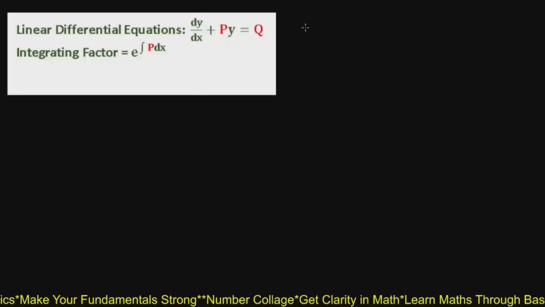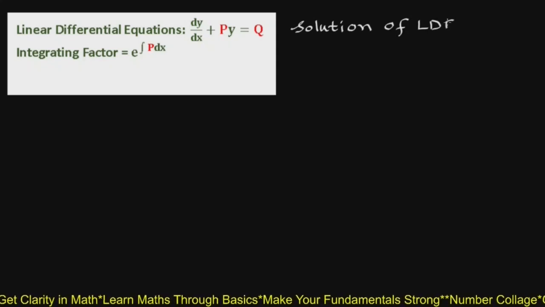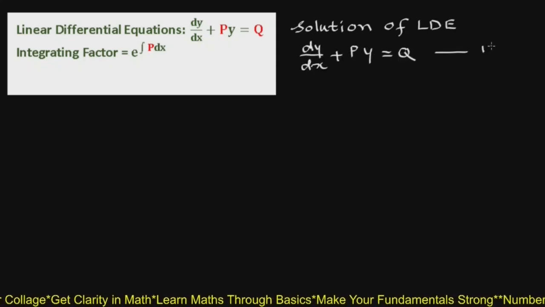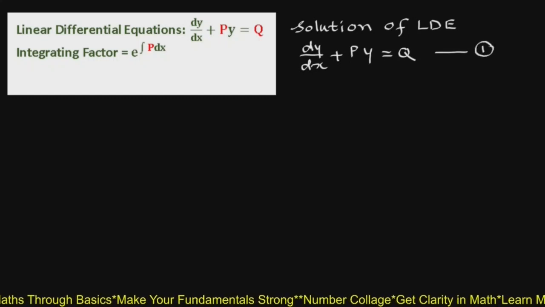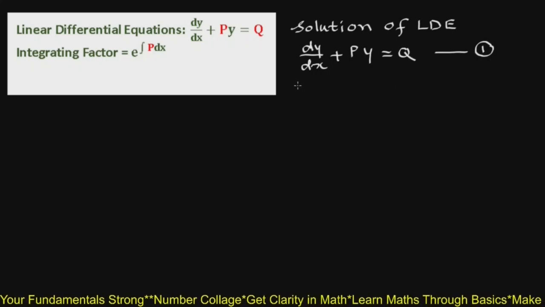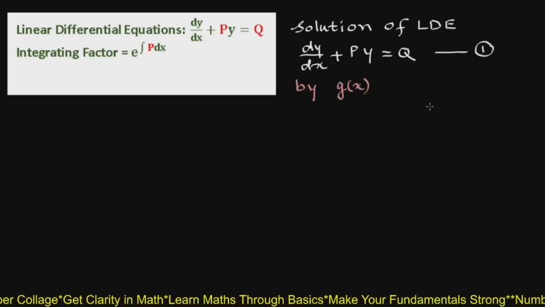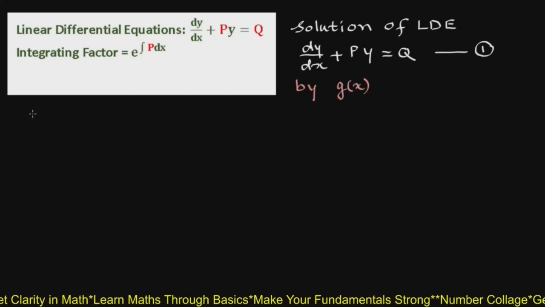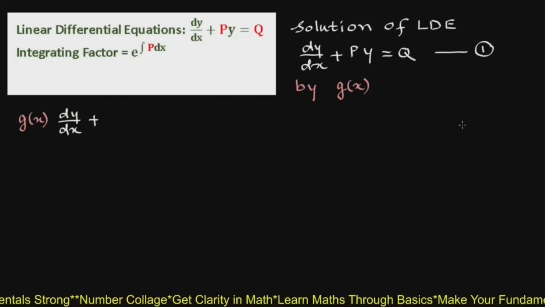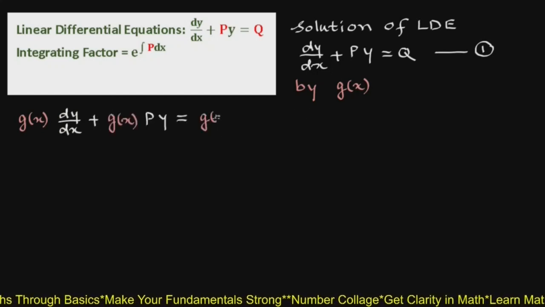We will see how to find the solution of the linear differential equation dy by dx plus py equals q. Let us name this equation 1. For finding its solution, let us multiply equation 1 by a function of x, say g(x), on both sides. So it becomes g(x) dy by dx plus g(x) py equals g(x) into q.